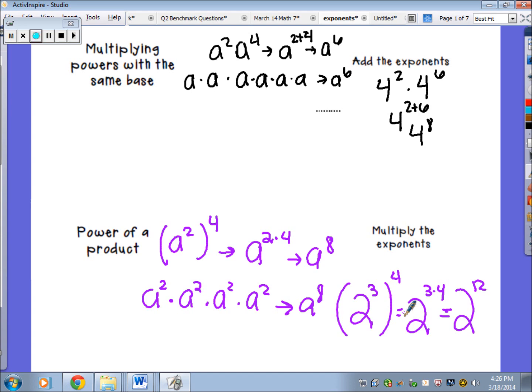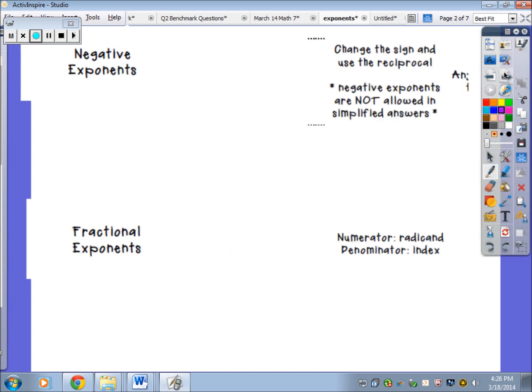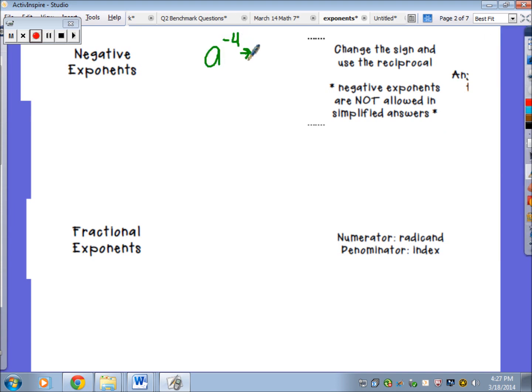Moving further down, now we see something called negative exponents. You guys did negative exponents last year with power of 10. You may or may not remember. But basically, we're going to change the sign and use the reciprocal. So let's change our color there. A to the negative 4th will simply be the reciprocal, 1 over a to the 4th power.